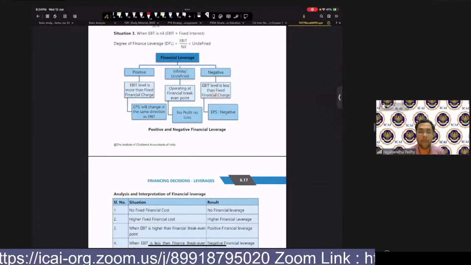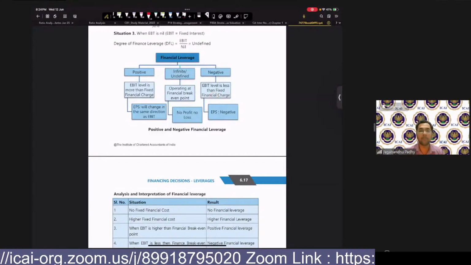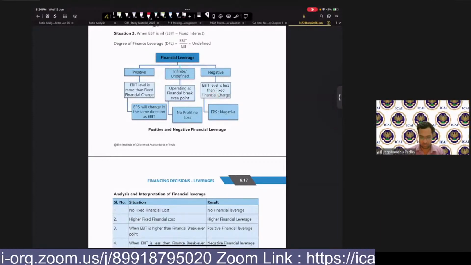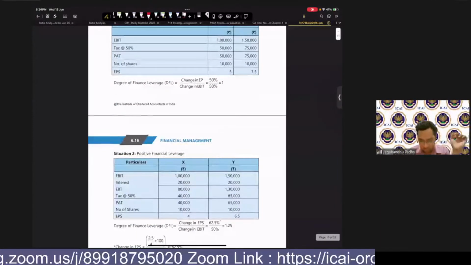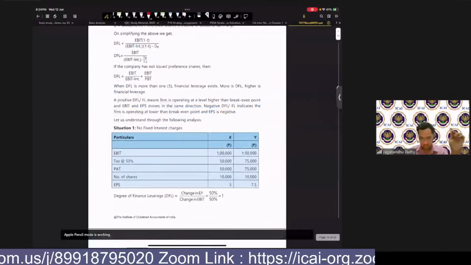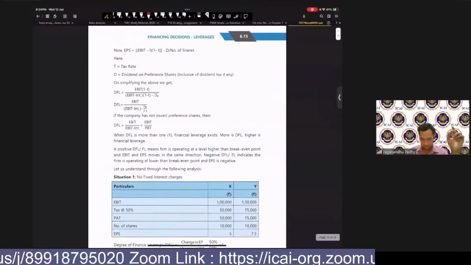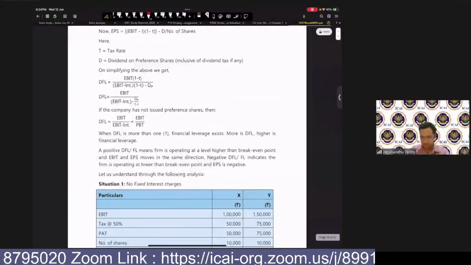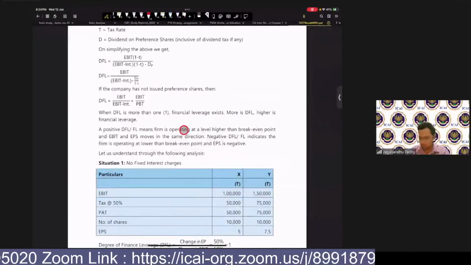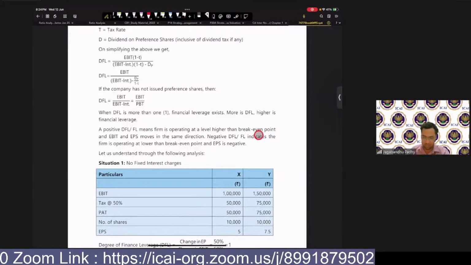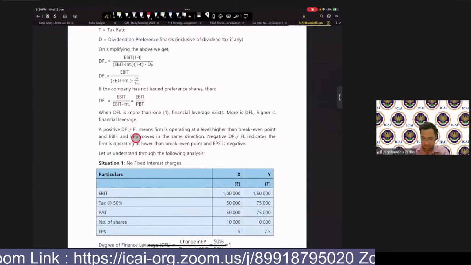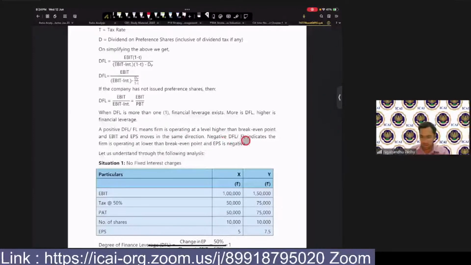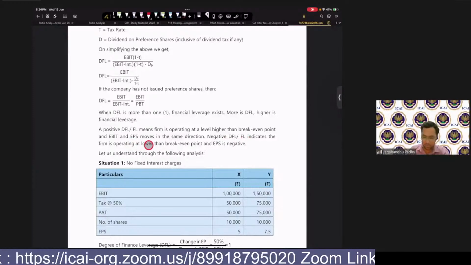Yes, sir. Got it. Above situation one, a positive degree of financial leverage means the firm is operating at a level higher than break-even point, and EBIT and EPS move in the same direction. Negative indicates that the firm is operating lower than break-even point.